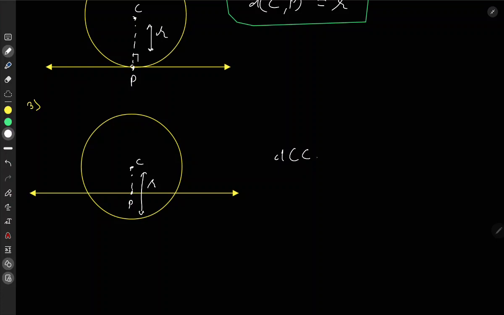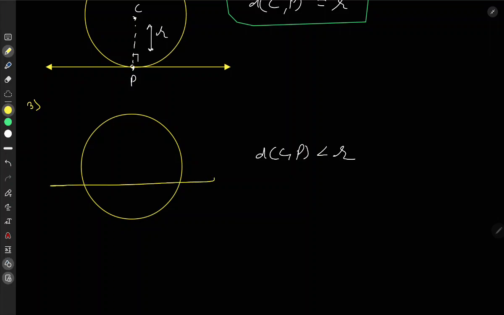So the distance of CP is less than R in such cases. Let me draw the line, it also got erased. So this is point C, this is point P.